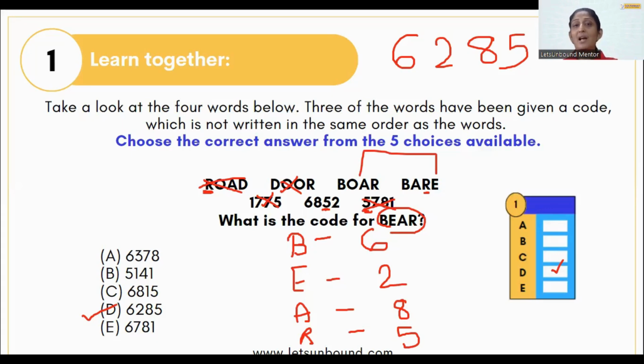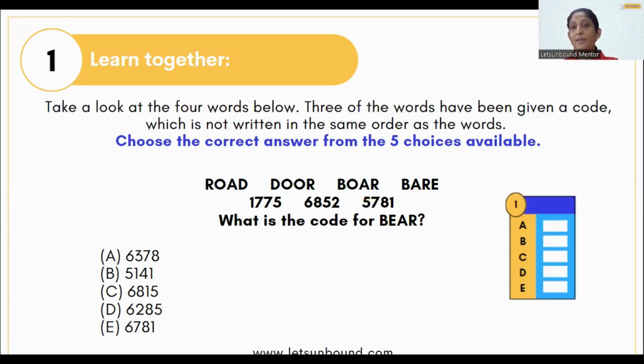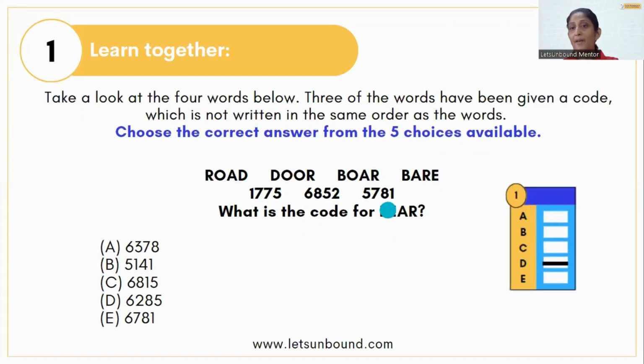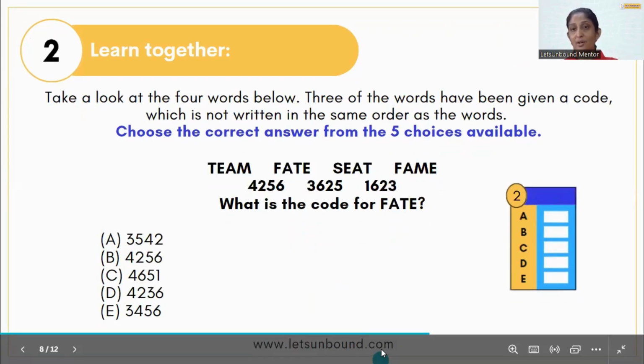So see, this is how, children, we need to first individually get the codes for each alphabet and then rearrange it for the alphabet that we need to find. All right? Okay. So the correct answer for this option was option D.